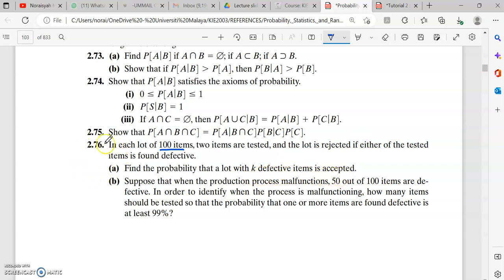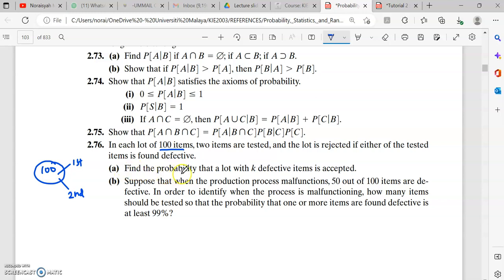So in this question, you have 100 items, and for every 100 items, you perform 2 tests. So the first test, you check if it's defective or not. If the first test is passed, then you perform the second test, right? So you do one at a time.